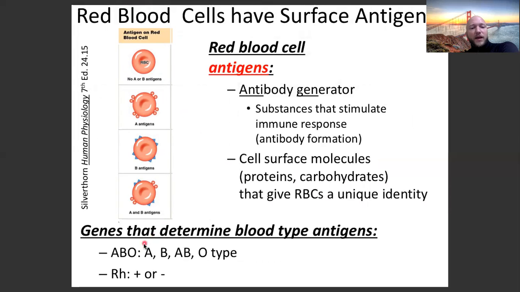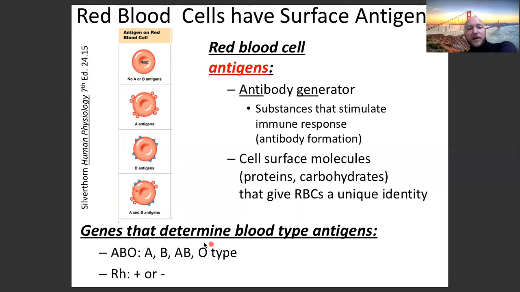So A blood type has A antigens on their cell surface. B blood type has B antigens on their cell surface. AB has A and B antigens on their red cell surface. O, some people describe O as a lack of them, but O is kind of like the base.